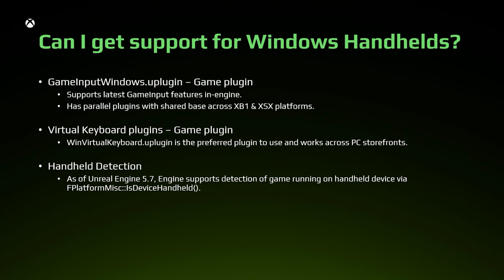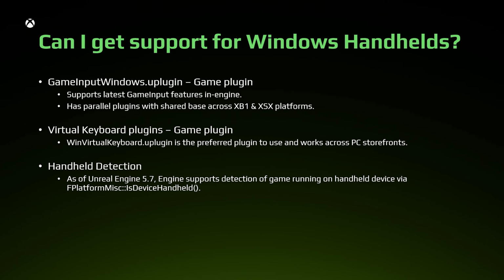Now, digging into what I mentioned earlier around the Xbox ecosystem evolving to more devices. When building for Windows-powered handhelds, working towards getting to handheld optimized, there's a set of plugins and engine features that help you achieve this easily. There's a set of game input plugins that provide easy integration for a controller-navigable experience.